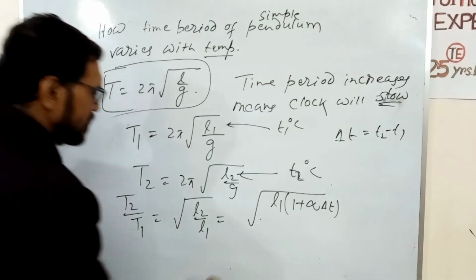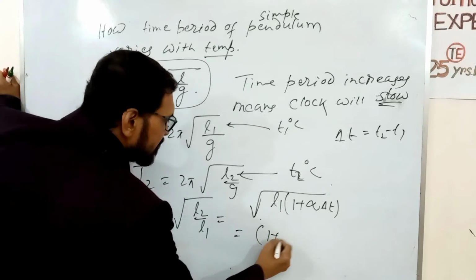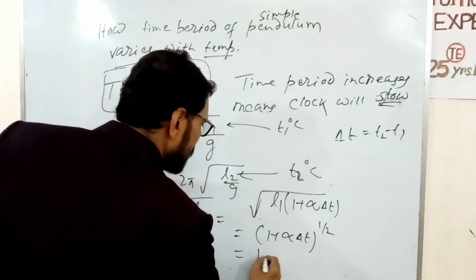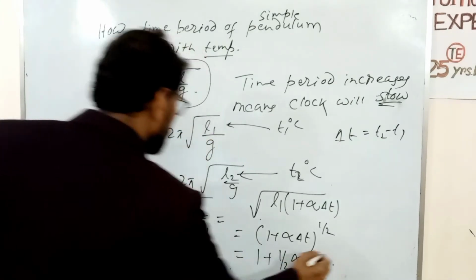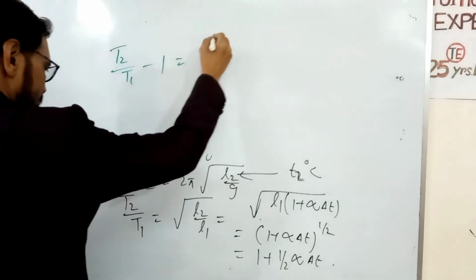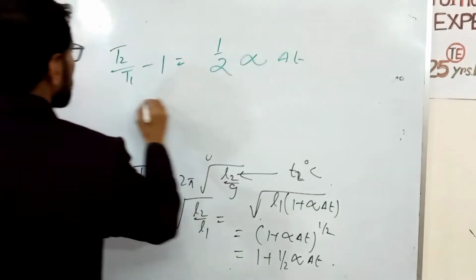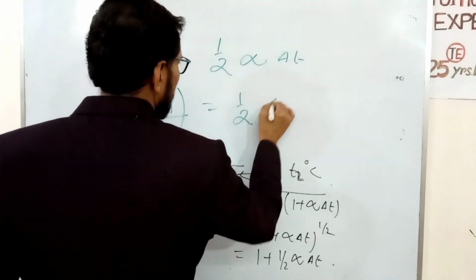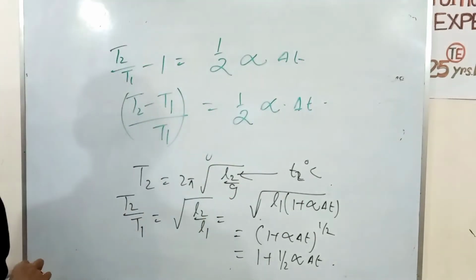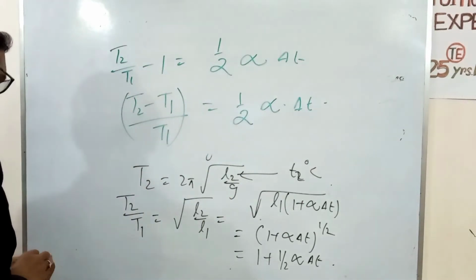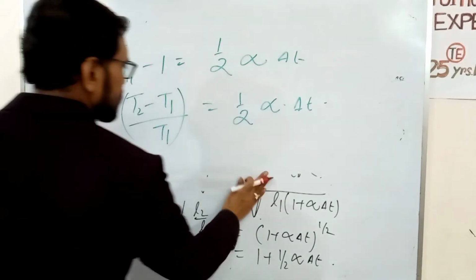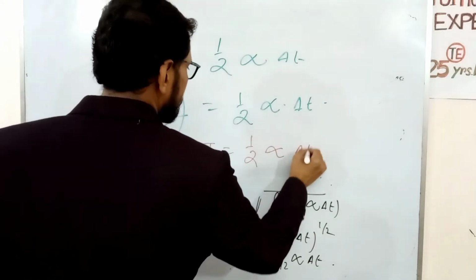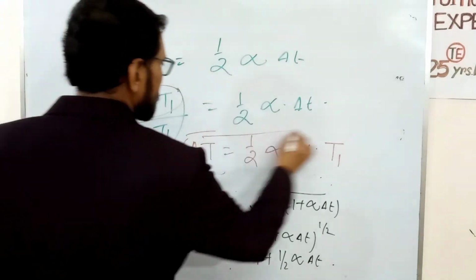So this becomes (1 plus alpha del T) whole to the power half, which is approximately 1 plus half alpha into del T. So T2 by T1 minus 1 equals half alpha into del T. So T2 minus T1 by T1 equals half alpha into del T. This T2 minus T1 by T1 is called the fractional increase of time period. So this is the relation.